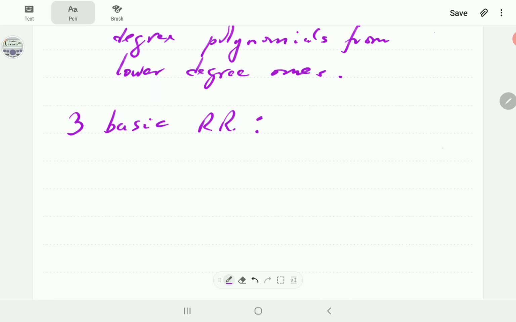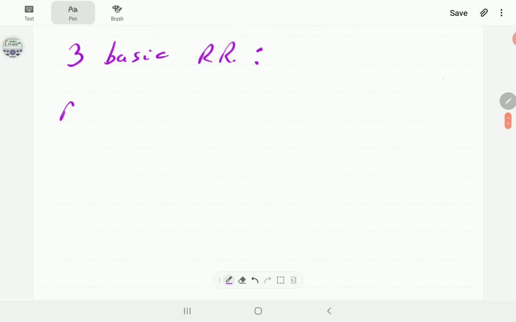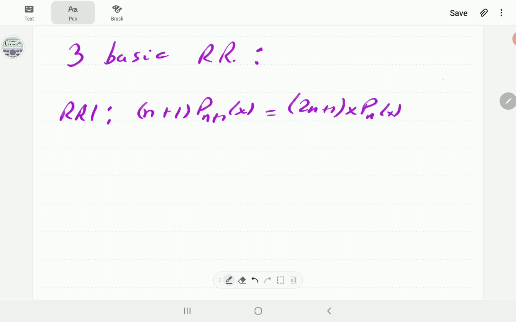So just the three basic recurrence relations of Legendre polynomials. The first one says n plus 1 times P n plus 1 of x is equal to 2n plus 1 times x P n minus n times P n minus 1 of x.